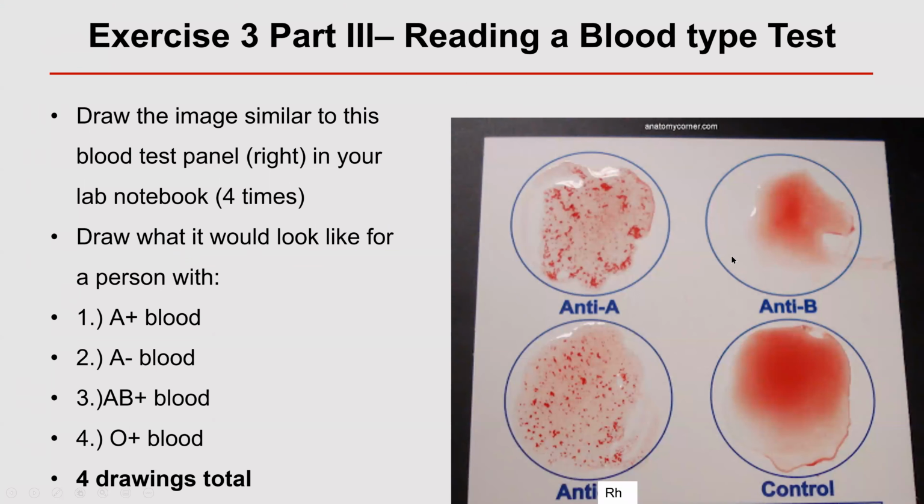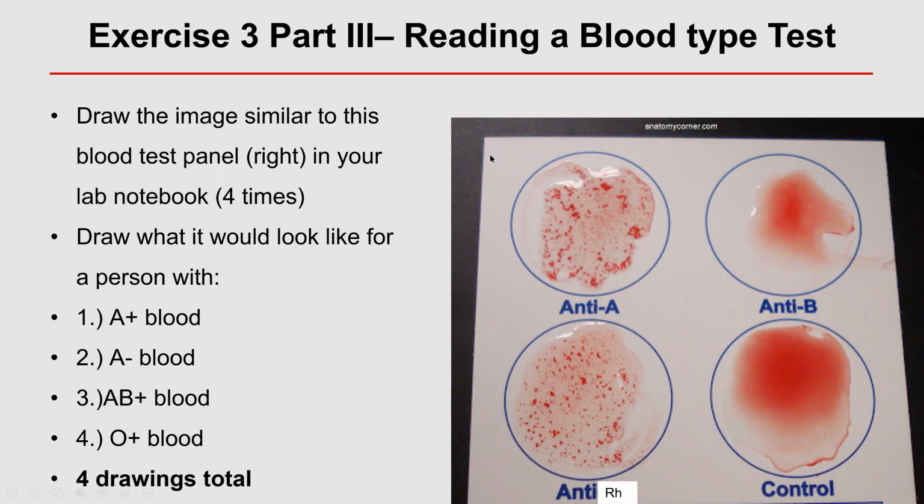So once you fill out table 4.5 and you get comfortable with the difference between who makes what antibodies and who makes which antigens, we can go ahead and get into exercise 3, part 3, which is how to read a blood type test.